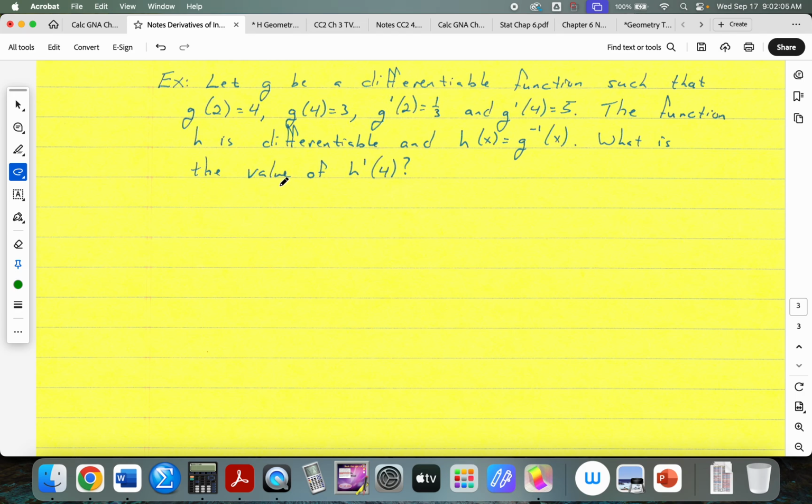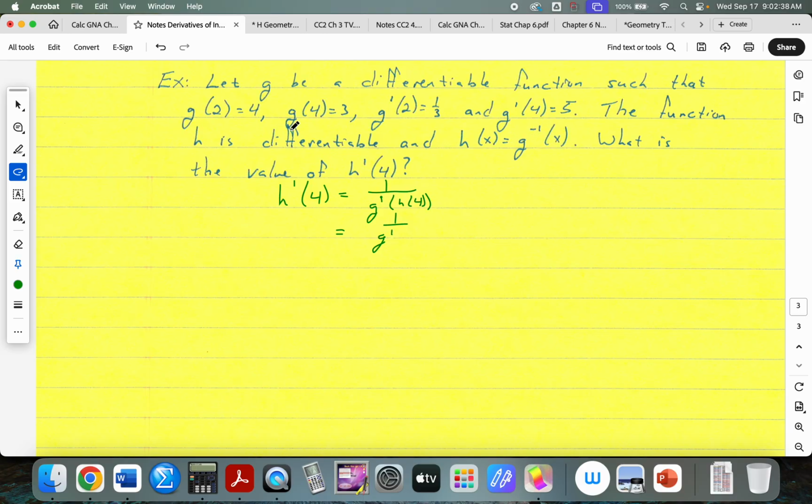Okay, so h prime at 4 is going to be equal to 1 over the derivative of its inverse, so g prime, not at 4, but at h of 4. So that's going to be 1 over g prime, and you're like, what is h of 4?